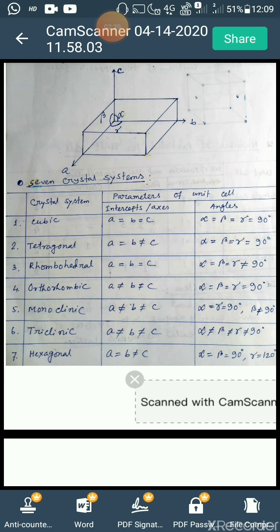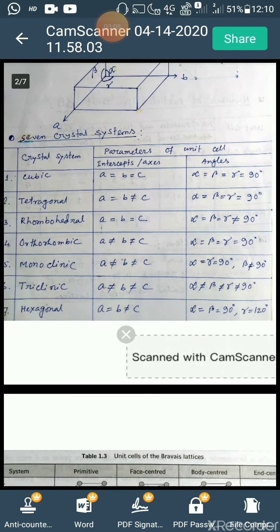In the orthorhombic unit cell, a not equal to b not equal to c, but alpha, beta, and gamma are equal to 90 degrees. Number 5, monoclinic. In monoclinic, a not equal to b not equal to c. That is, the axes along the three directions are not equal, but alpha and gamma are equal to 90 degrees, while beta is not equal to 90 degrees.